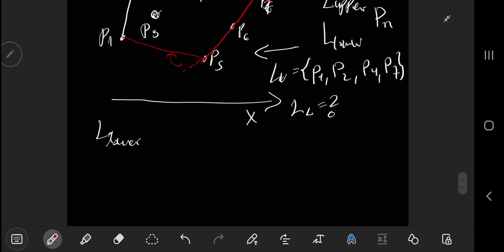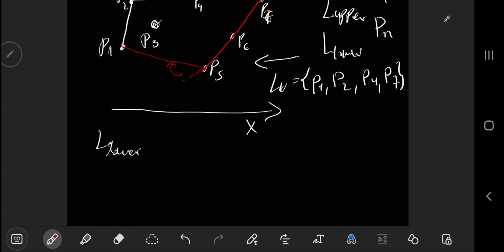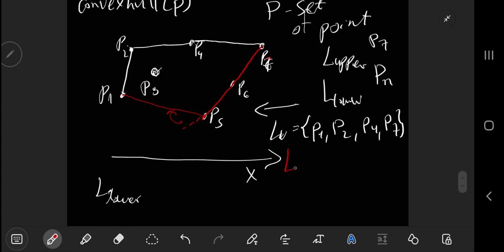So L lower, what we've got, we can even write it down. We got that the L lower, let's call it LL, contains the points P7, P6, P5, and P1. Now, as you can see, we have duplications, P5, P7, P1, P1, P7.